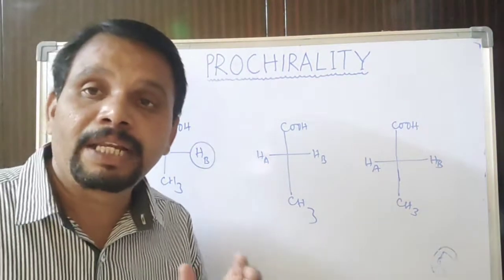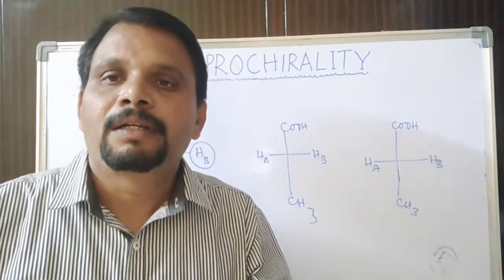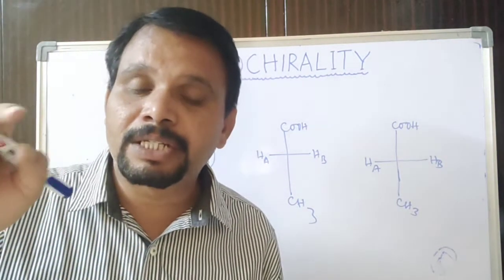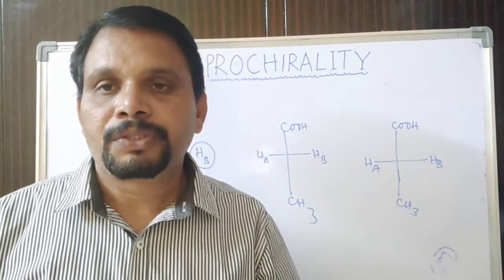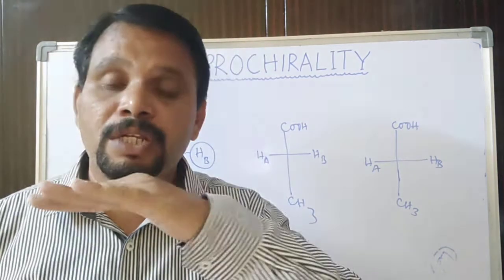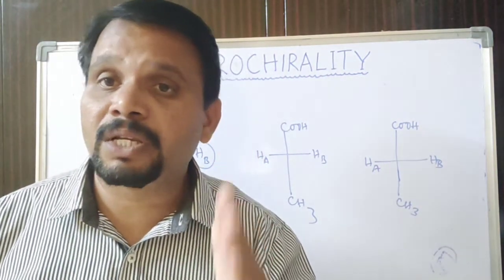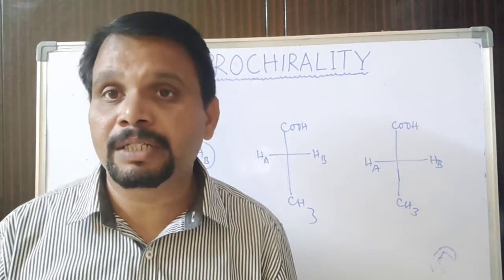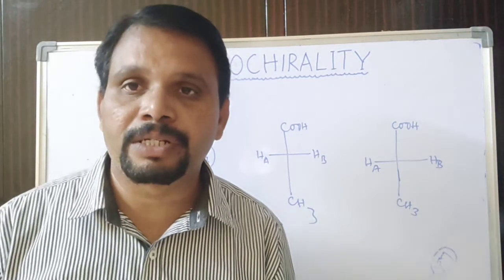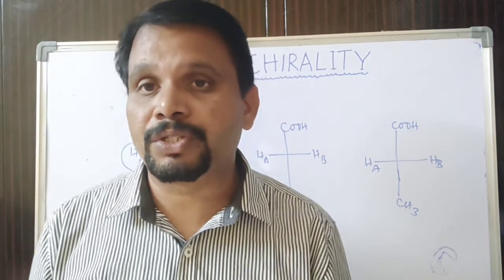Whereas if the least priority group is in the vertical line, if it is clockwise it is Pro R, if it is anti-clockwise it is Pro S, okay. So based on the least priority group, whether it is in the horizontal line or the vertical line, you need to observe that, to decide Pro R or Pro S configurations or notations for stereoheterotopic units, right?